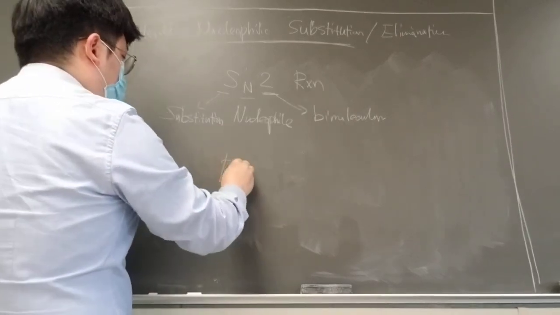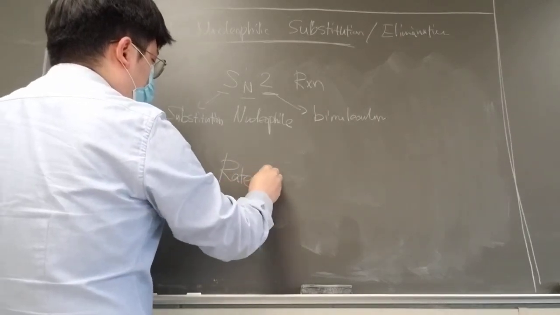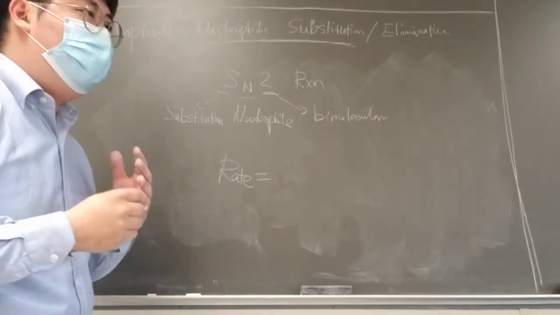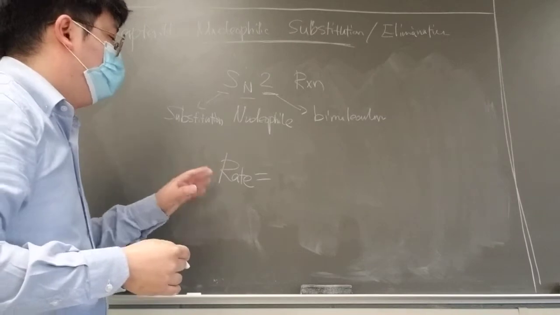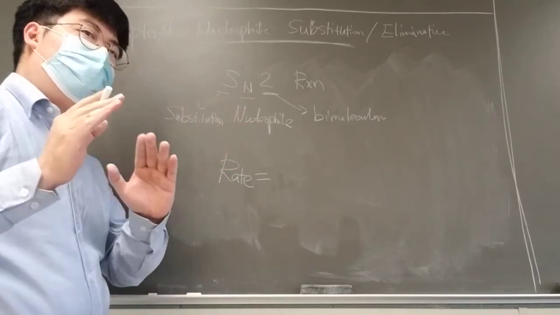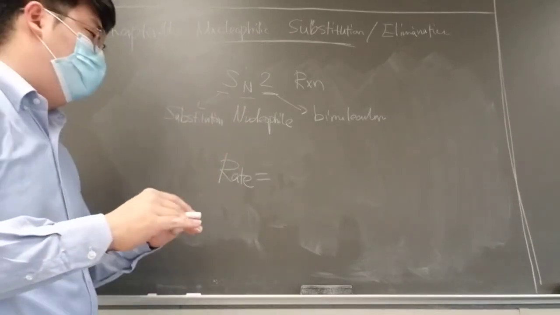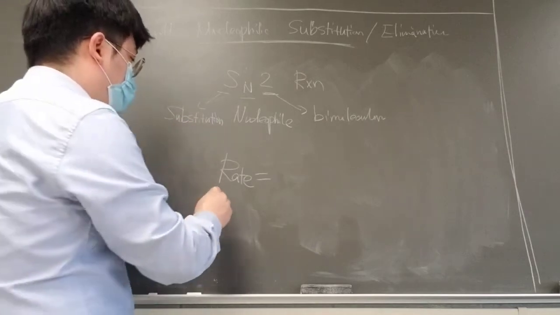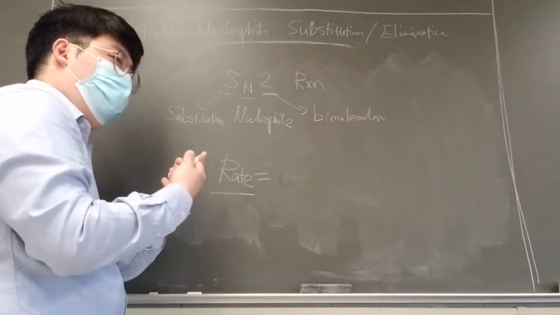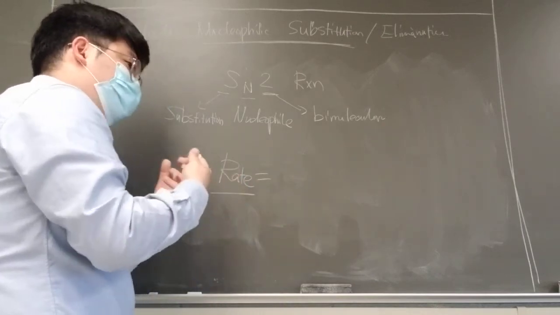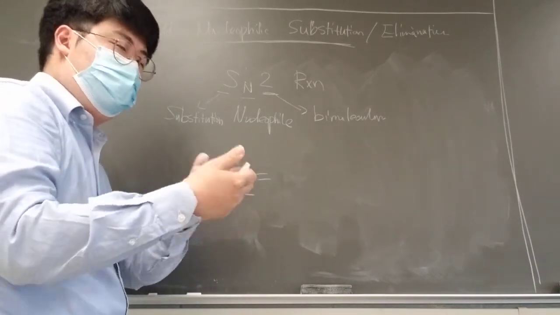So the rate is simply how fast your reaction is happening. They will show you the change in your concentration of reactants over time. That is what it really means by rate: how fast the reactant is being removed, how fast the product is being produced. It's pretty much the same thing.